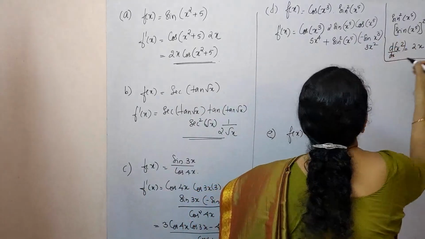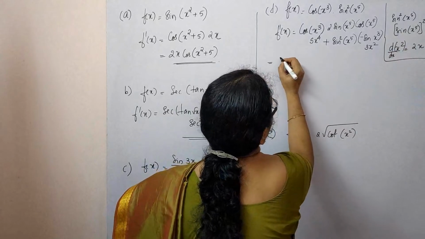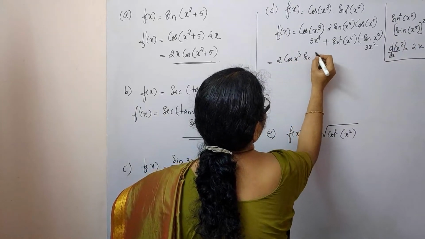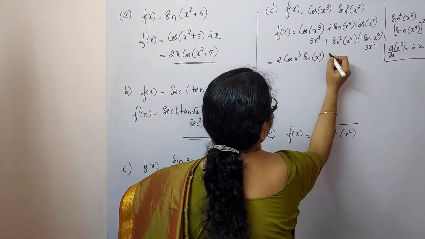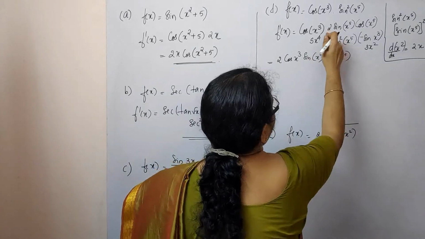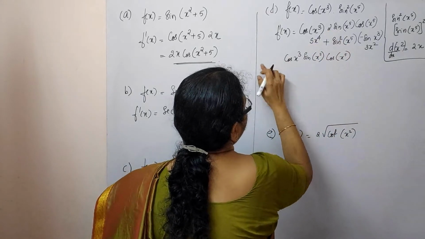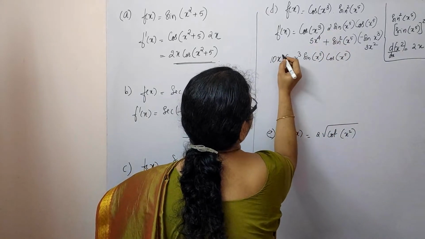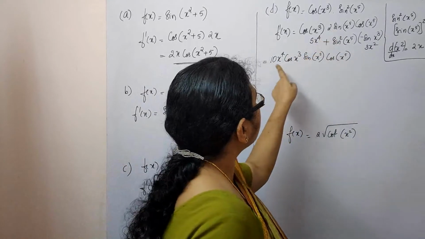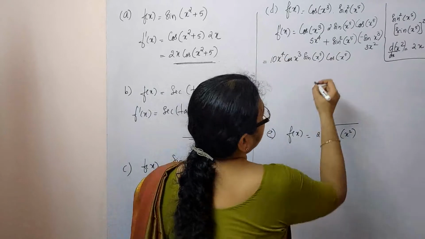Okay, so now let me simplify and write this. This is equal to 2 times cos x cube into sine of x raised to the power of 5 into cos of x raised to the power of 5. Then 5 into 2, I can take it as 10x raised to the power of 4.